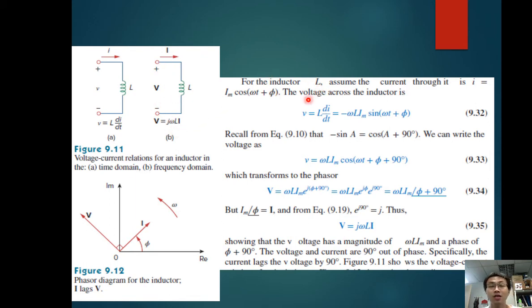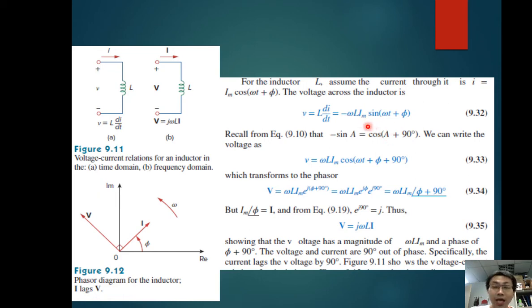For the inductor as well, we need to assume the value of I. So I equals Im cos(omega t plus phi). Then the voltage across the inductor will be V equals L di/dt. So we substitute I into here, then we differentiate I. Then we will have negative omega L Im sin(omega t plus phi).